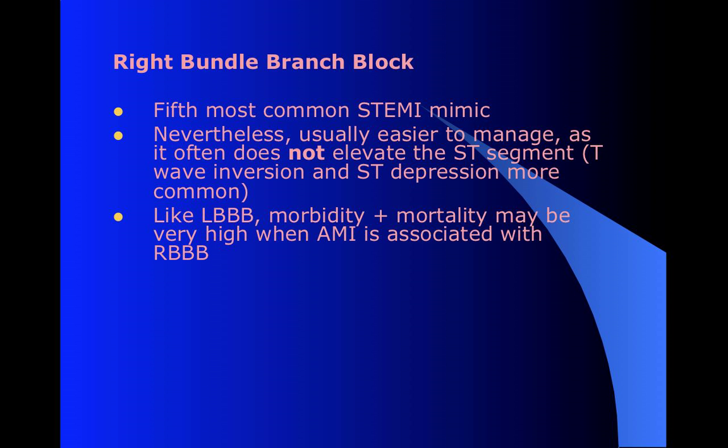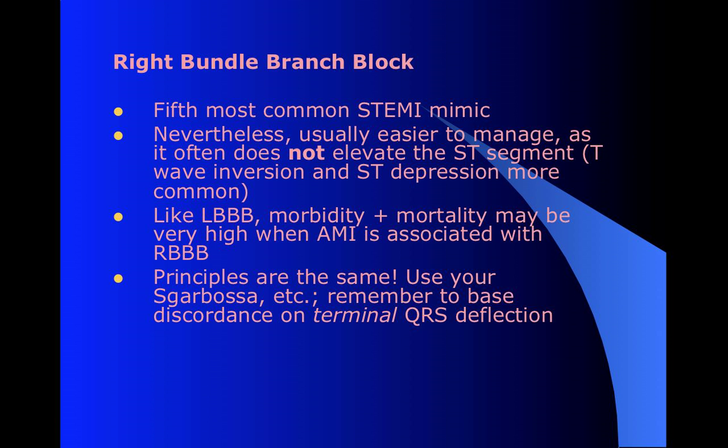Now, it's the same story as far as risk stratification. If you have an MI and it causes a right bundle branch block, that's associated with a lot of deaths and a lot of morbidity. Really the same deal as left bundles. So same concept there, but also the same concept that just its presence doesn't mean that there's an MI. So use the same principles.